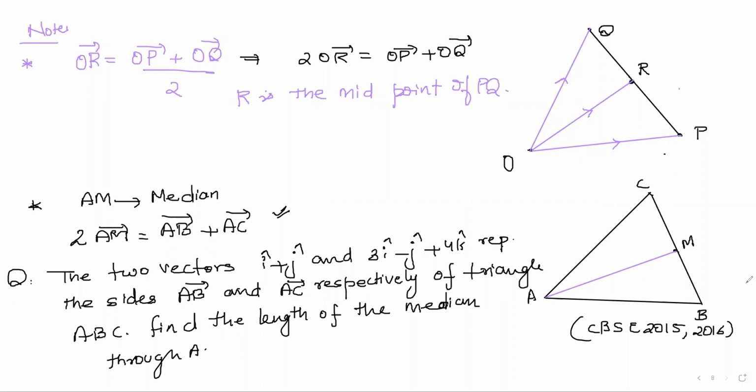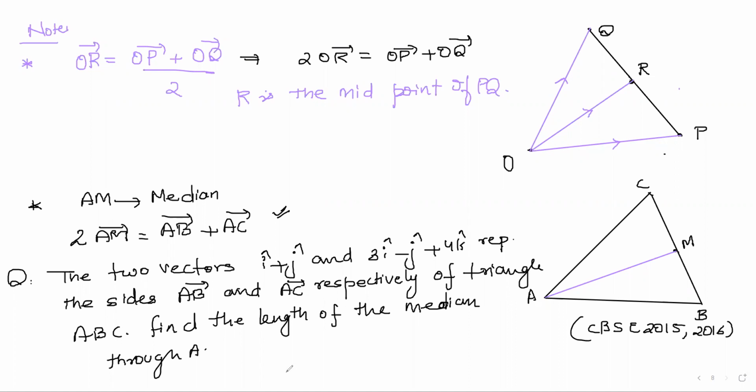Okay, Rifat, but why are you getting 3 by 2 with I cap in the denominator? This should be in the numerator. It is not correct.